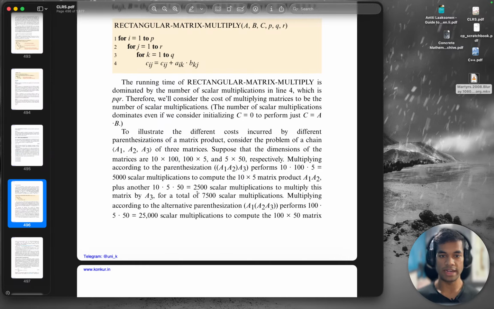And it has already exceeded the number of multiplications we did in our prior parenthesization.